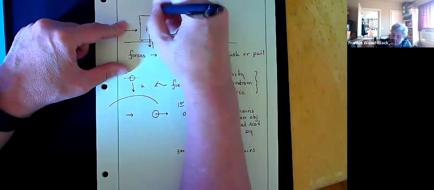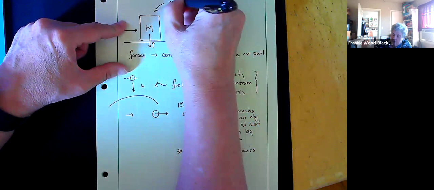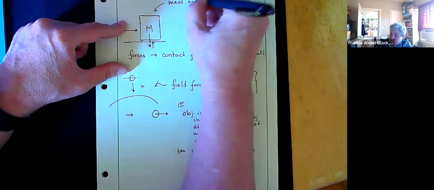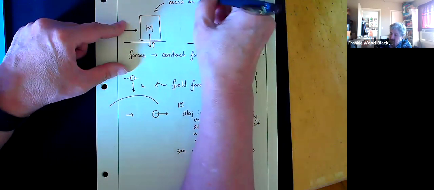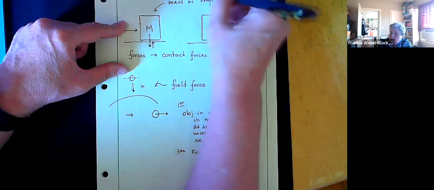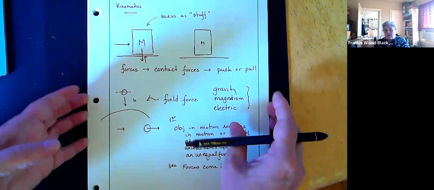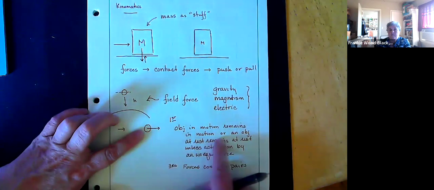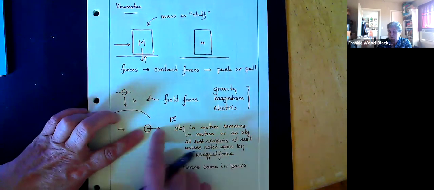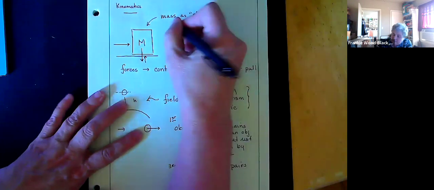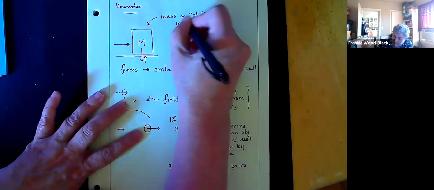And mass, which we've defined as stuff, gives us this characteristic of this idea that an object's going to remain in motion unless something applies to it. This gives us that idea of inertia.